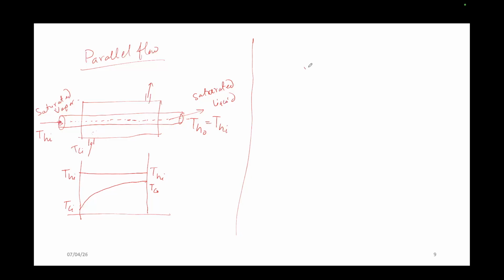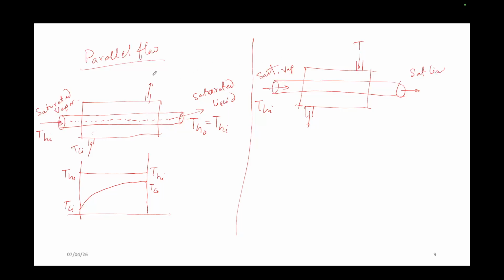Even the opposite you can tell. If it is counter flow, how will the graph look? Saturated vapor, saturated liquid. This is TH1, this is TC1, this is TCO.